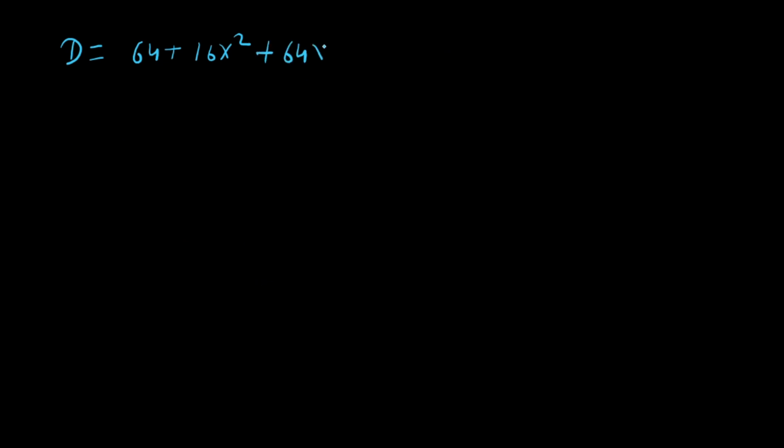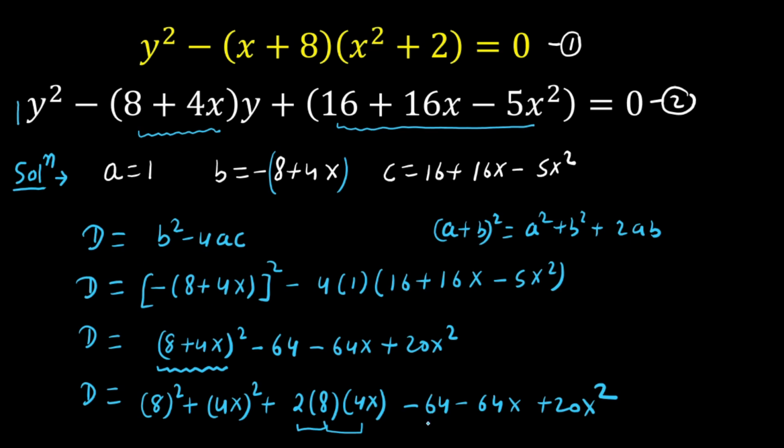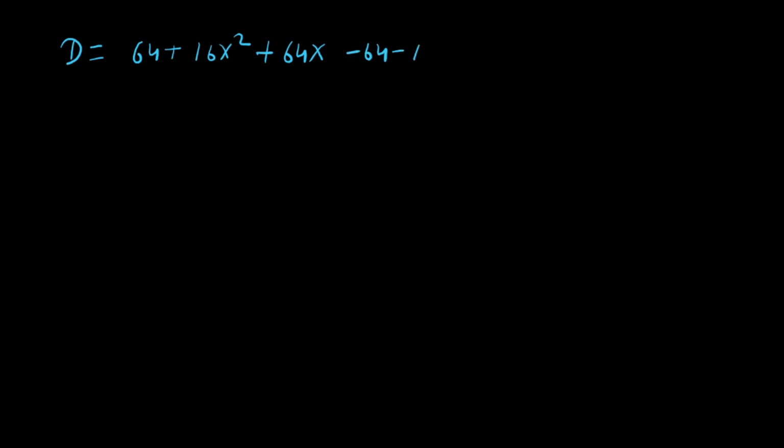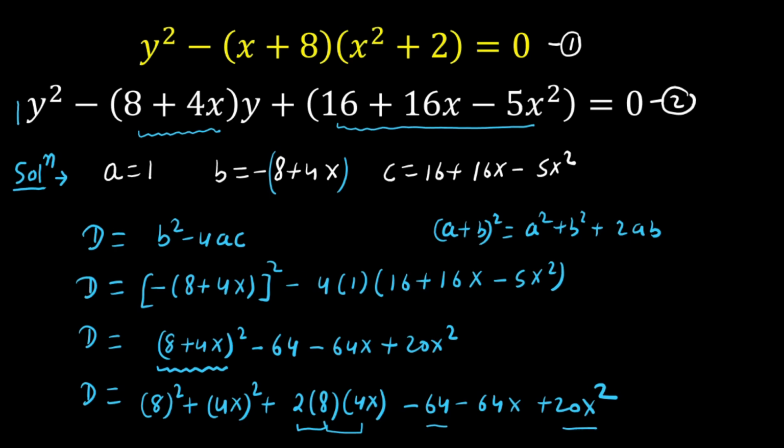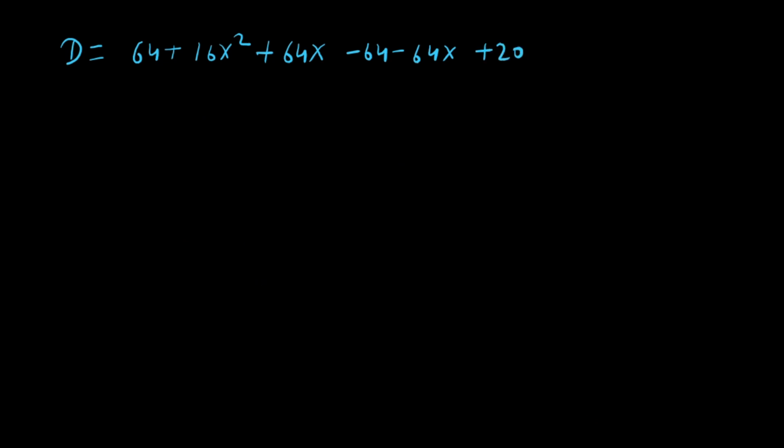Here 64x minus 64 minus 64x plus 20x square. Then D is equal to 64 positive and 64 negative cancel out, 64x positive and minus 64x cancel out. Then 16x square plus 20x square is 36x square.